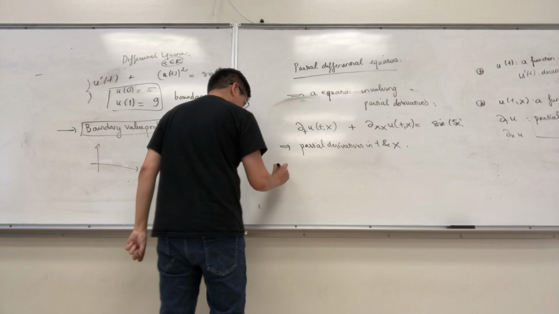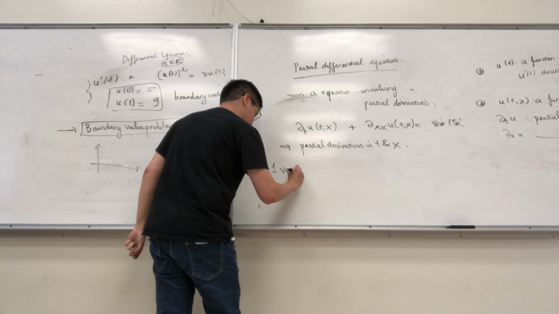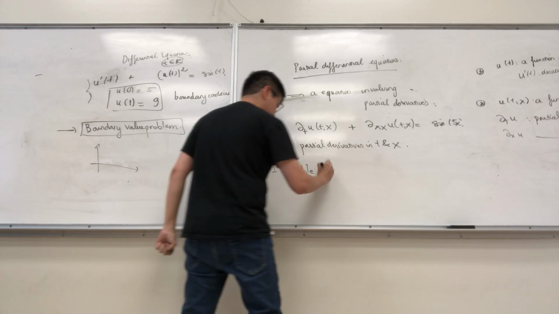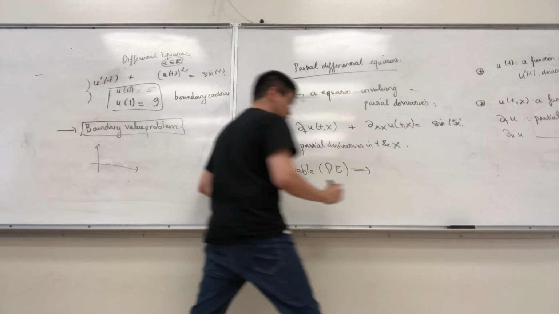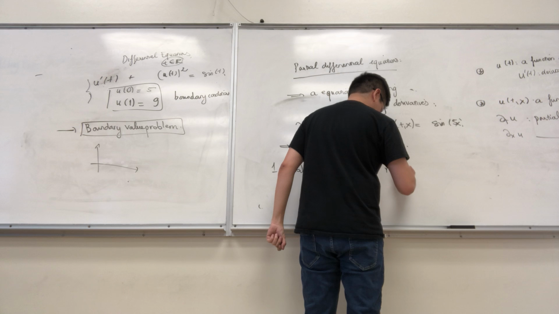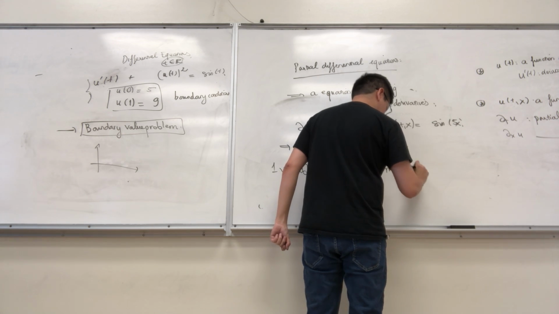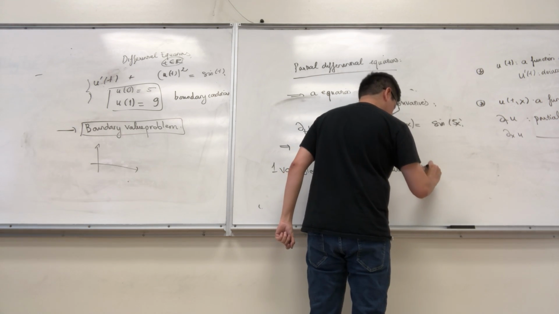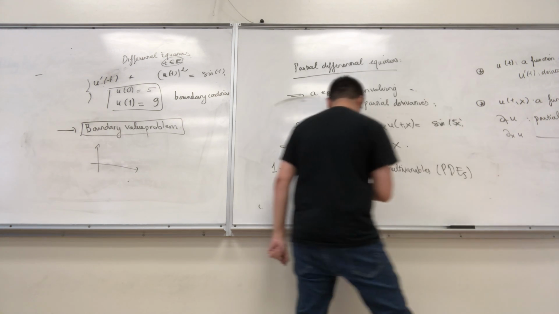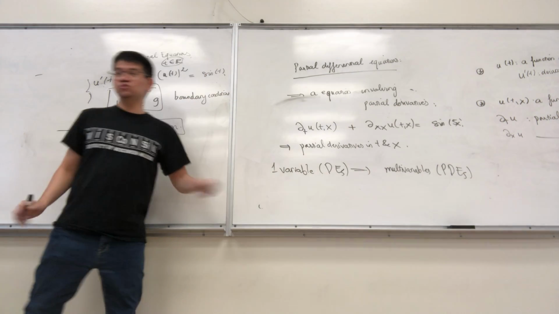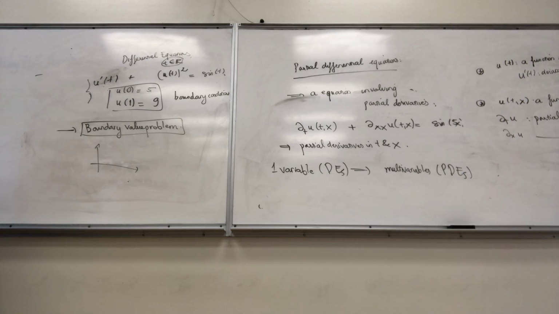So you change from one variable for differential equation to multiple variables for partial differential equation. So the solution in the differential equation has only one variable, and the solution in a partial differential equation has several variables.